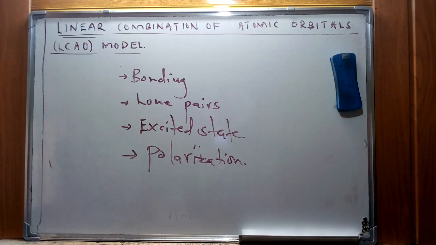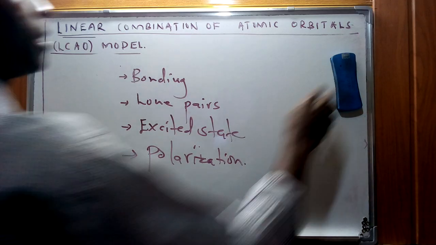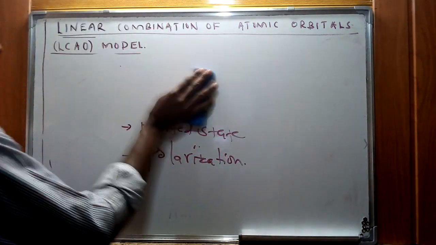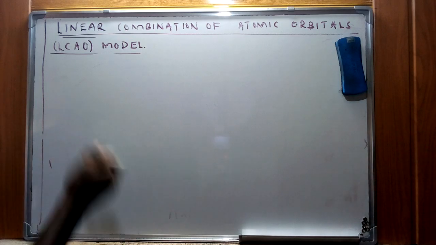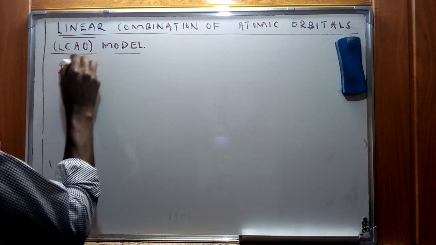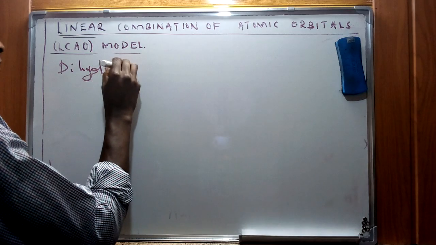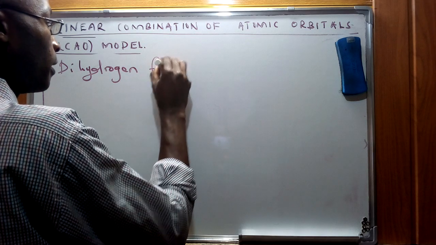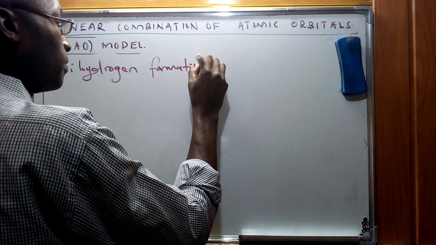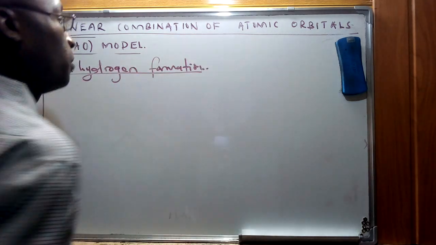Lastly, let us look at one example of a combination of these atomic orbitals. We're going to have other examples following this discussion, but for now we are going to have just one example: the formation of dihydrogen, insofar as this linear combination of atomic orbitals is concerned.